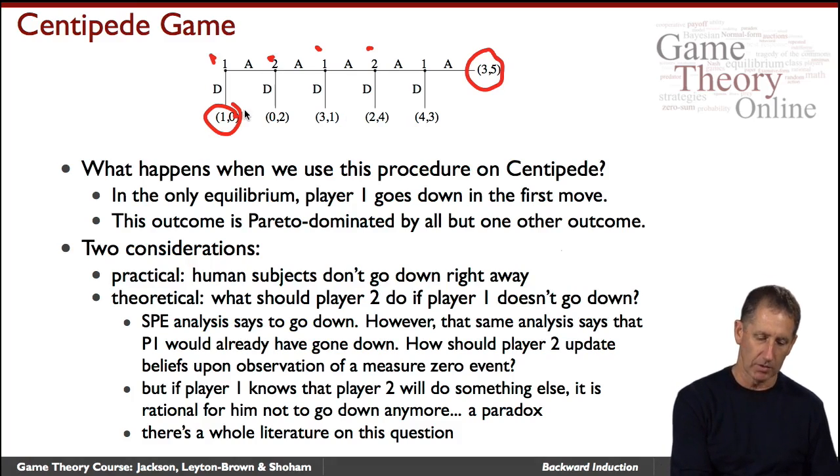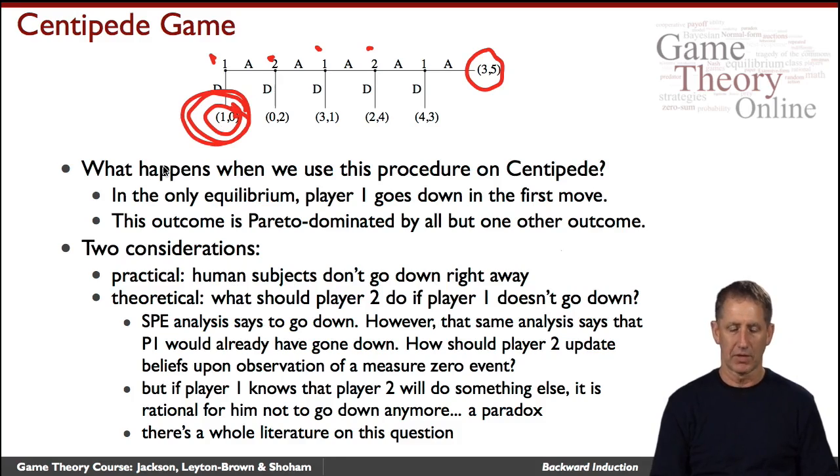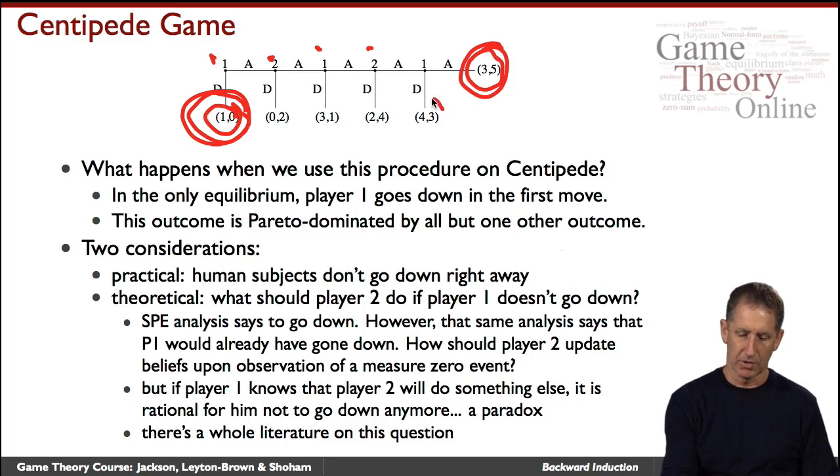So the only subgame perfect outcome is this one, where the first player defects immediately, goes down immediately, which is, of course, similar to the prisoner's dilemma. It is a little counterintuitive, because had they only had the good sense to keep going, they would have gotten something in the ballpark of this or this, both of which are much better for both than here.